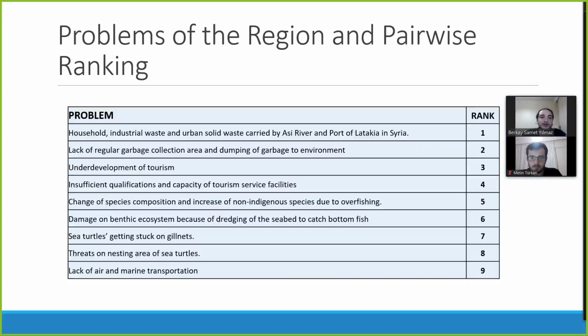As a result, we found the most important problem is wastes and garbage and dumping of them to the environment or to the sea. And the third problem is underdevelopment of tourism, and the fourth, insufficient qualifications and capacity of tourism service facilities. So on, we did the pairwise ranking and determined the most critical problems.